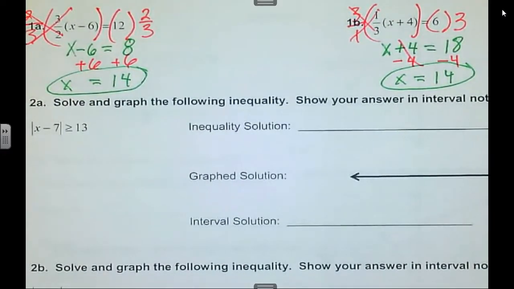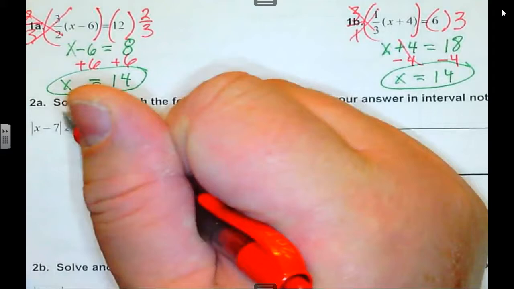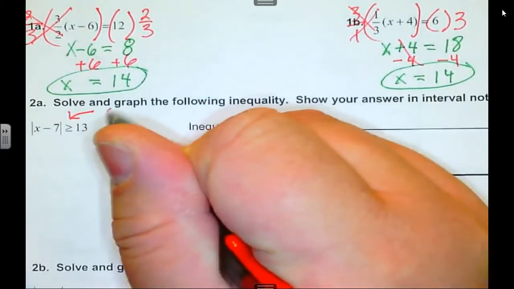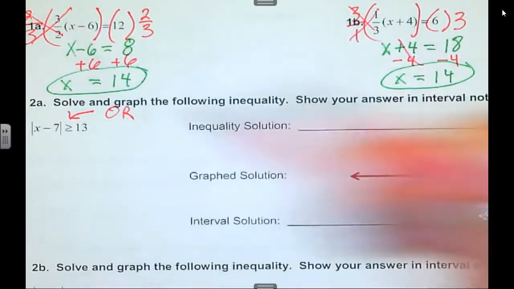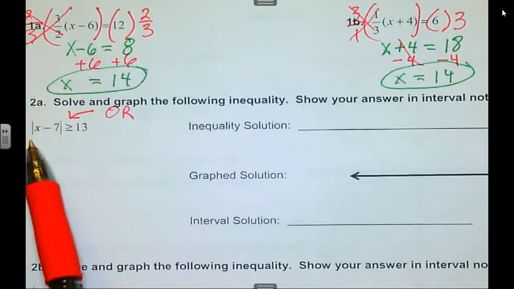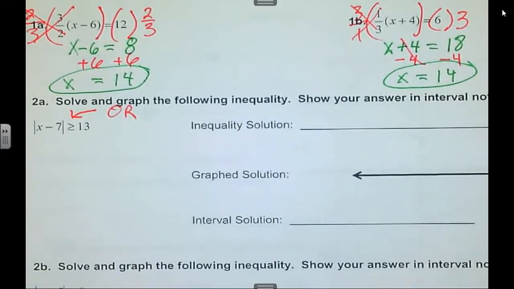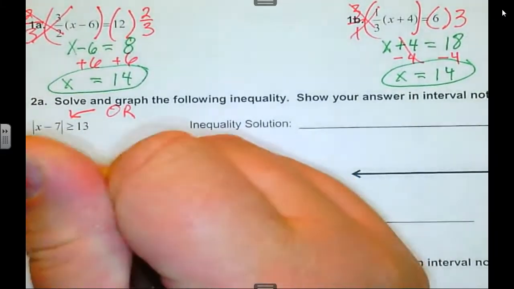Okay, 2A. If I have a greater than absolute problem, I have two problems to solve. If I have a greater than or equal to, it's an OR problem. Make sure you have the absolute value solved for, or by itself, first.